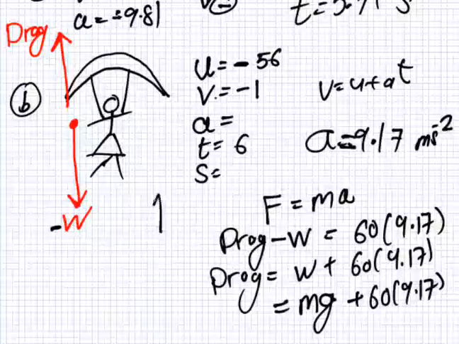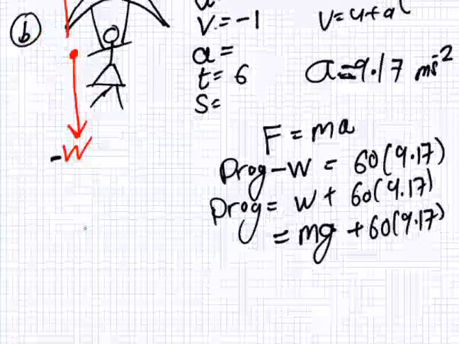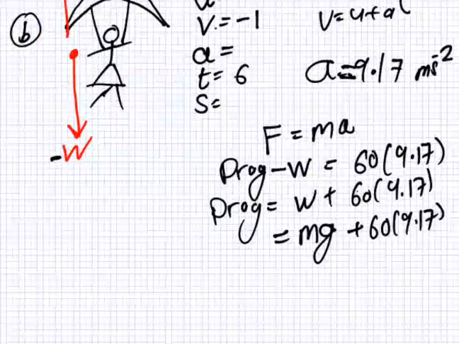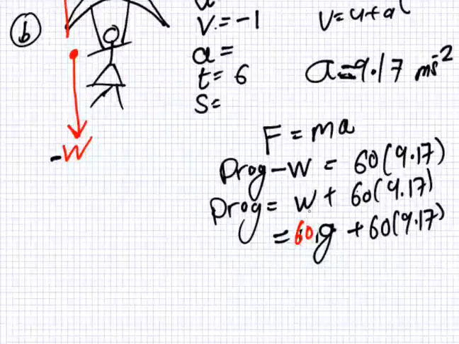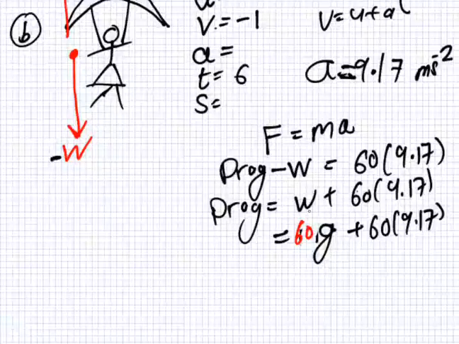But why is it drag minus weight and not weight minus drag? If you were calling down positive, it would be weight minus drag. But because I'm calling up positive, it's drag minus weight. These signs, it's not going great. But you should get the same answer with just a different sign.